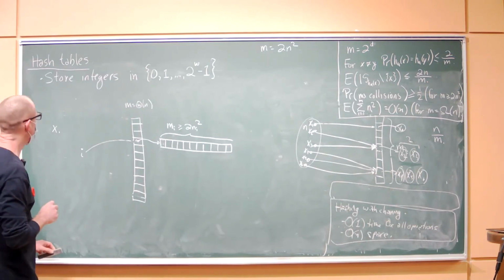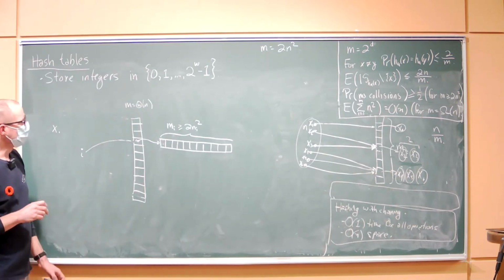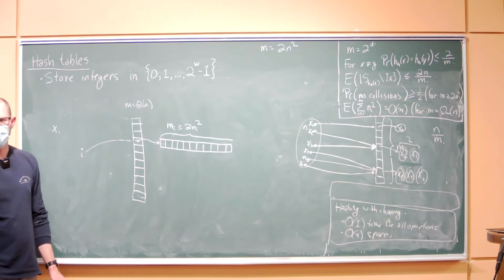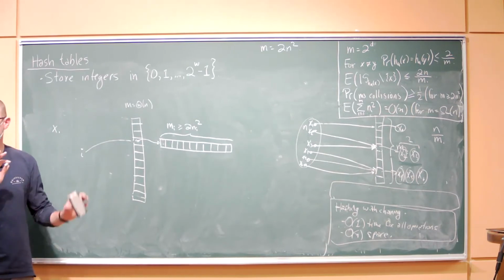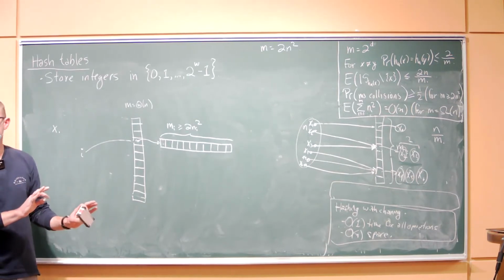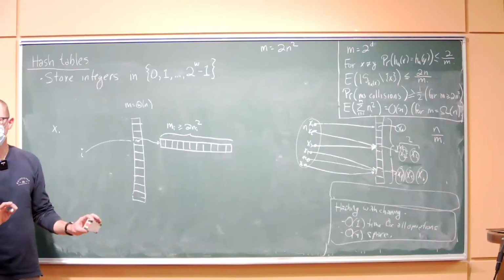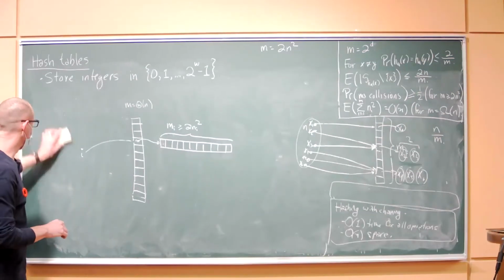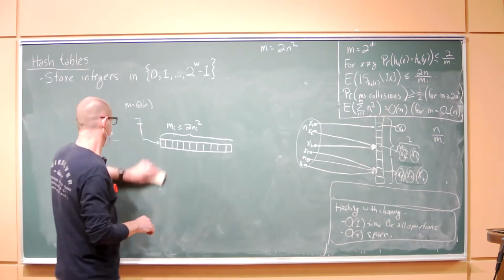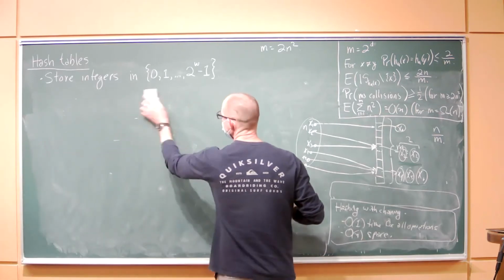Yep. Well, so we're talking about just storing, for now, just fixing the set S that we're going to store. We get all the n elements in advance, and we're going to build this structure. So here's how, just to be really specific, here's the algorithm.